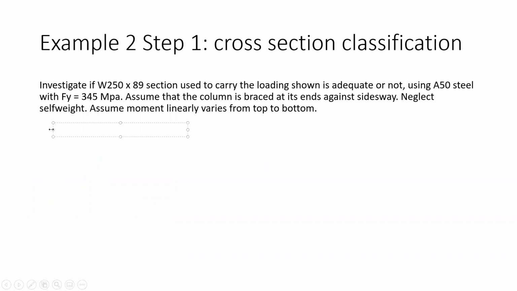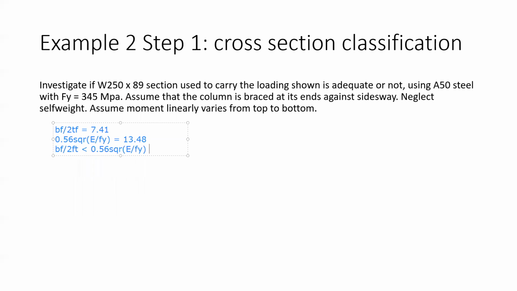So, yung BF natin, BF over 2TF is equal to 7.41. And our 0.56 square root of E over Fy is equal to 13.48. Therefore, BF over 2TF is less than 0.56 square root of E over Fy.